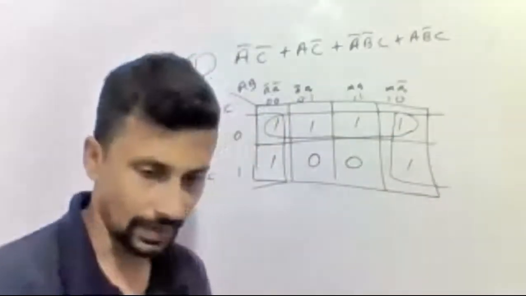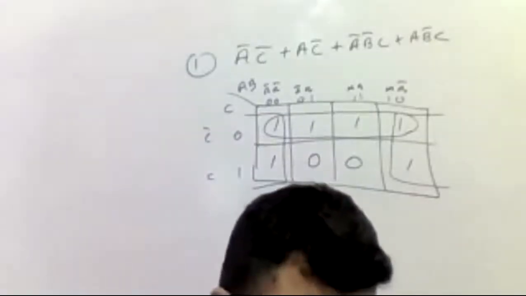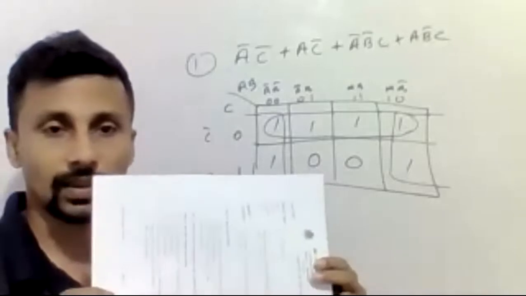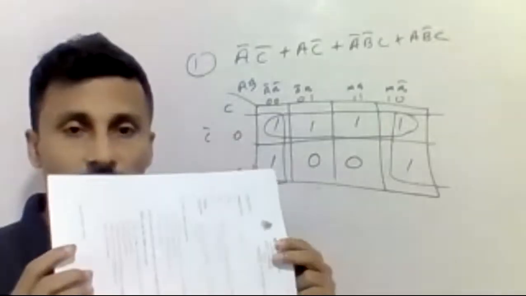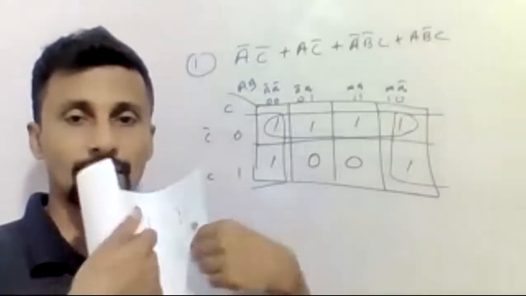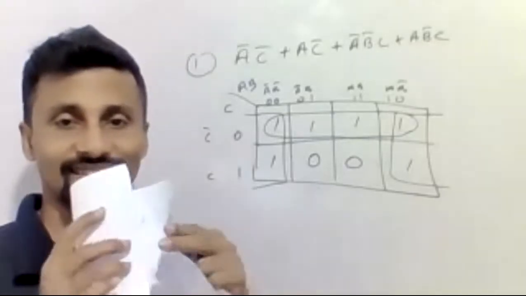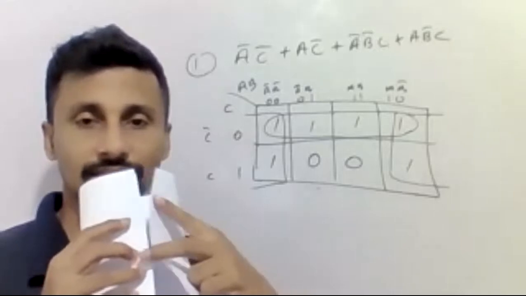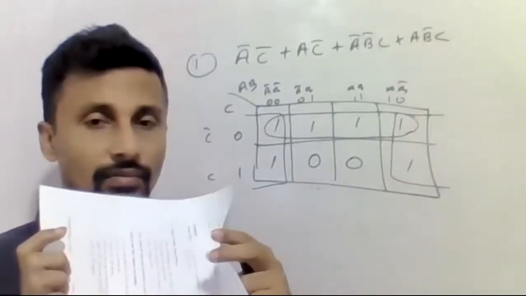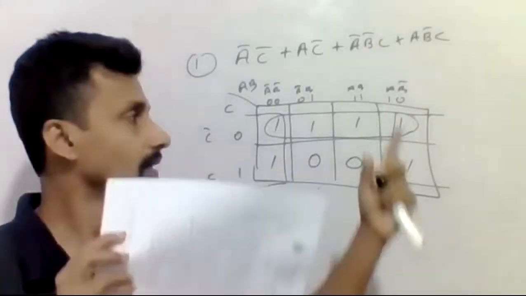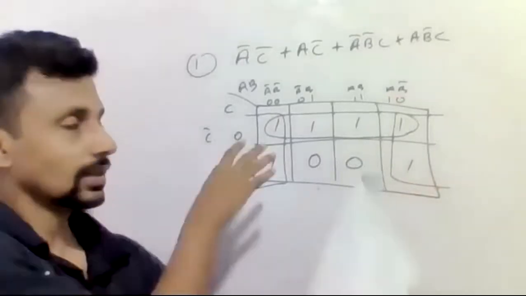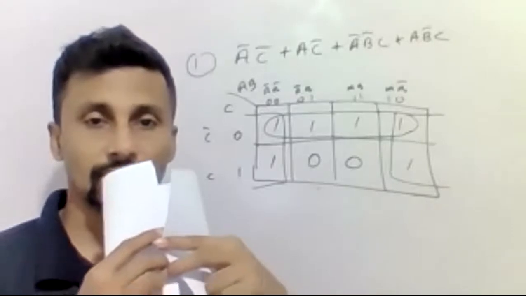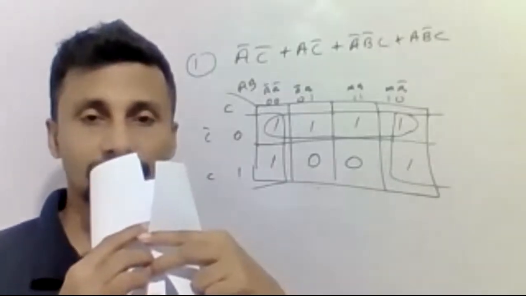I am wrapping together. Suppose this is the paper, these two sides you have. When you wrap it together like this, they are coming adjacent, right?